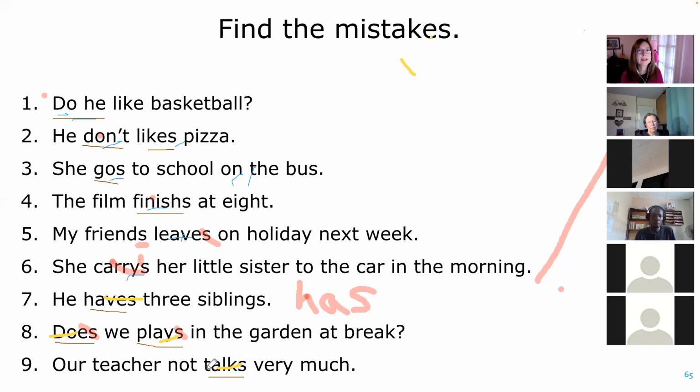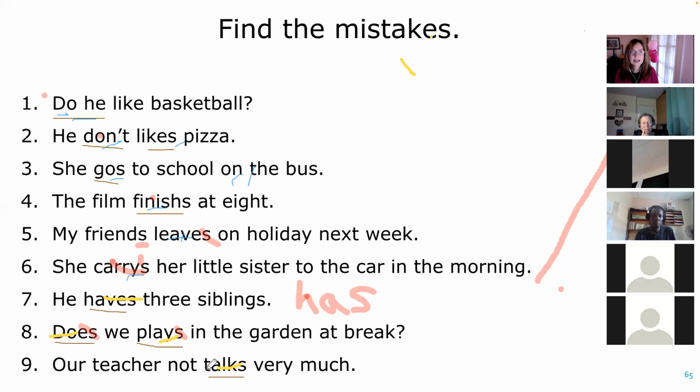So these are common errors to watch out for that you'll see and hear your students making in their speech. And so a good way to correct these, instead of just telling them, no, for number one, instead of just saying it should be, does he like basketball? Get them to think about it.